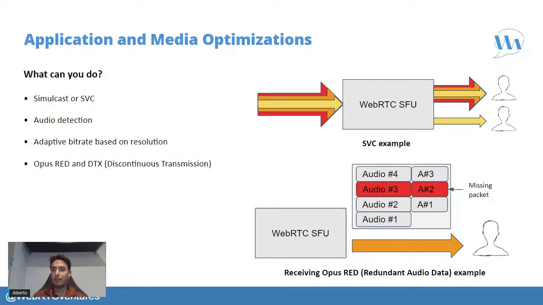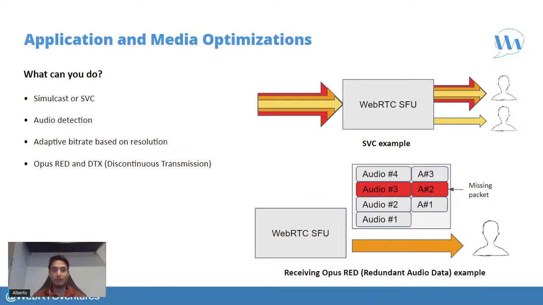Another is audio detection. So also optimizing the application level to just detect audio and send the videos of the main speakers, things like that, can go a long way to have pretty large applications.